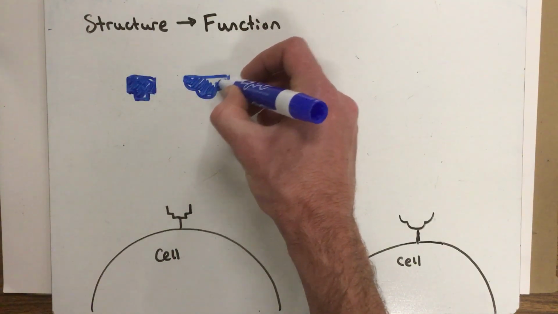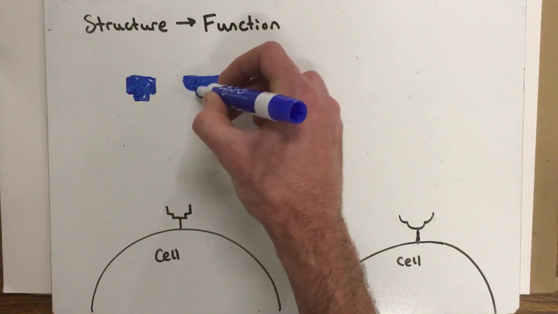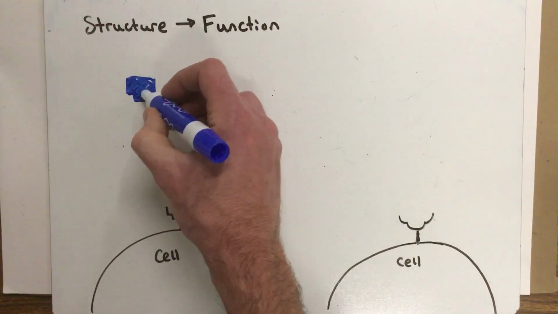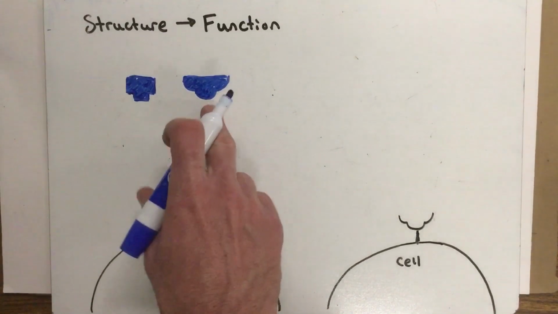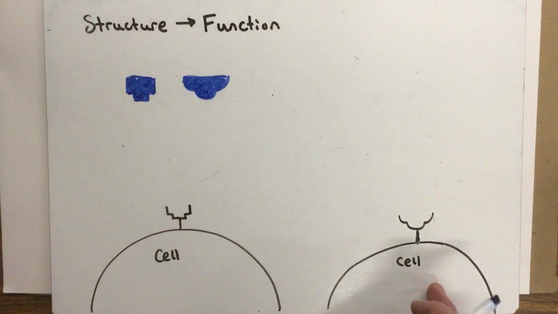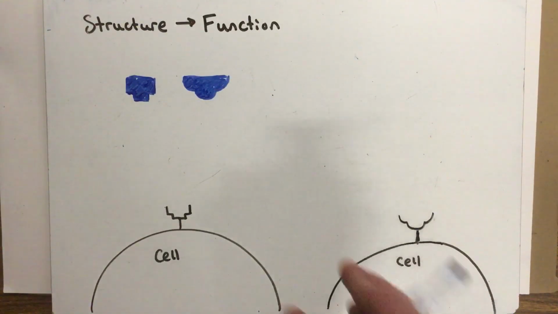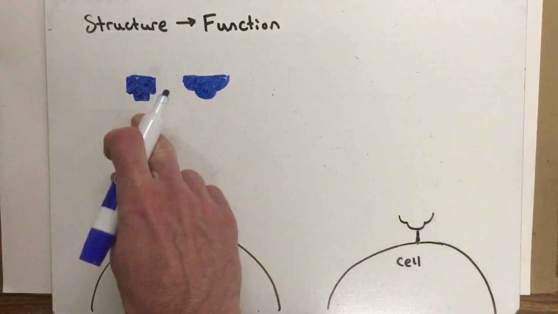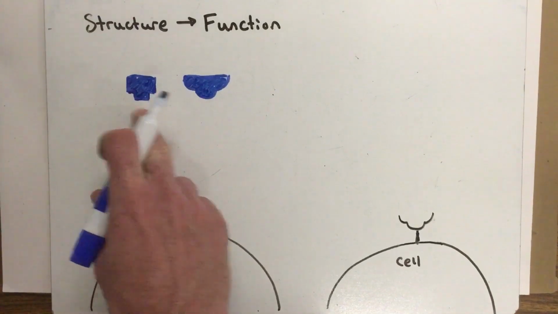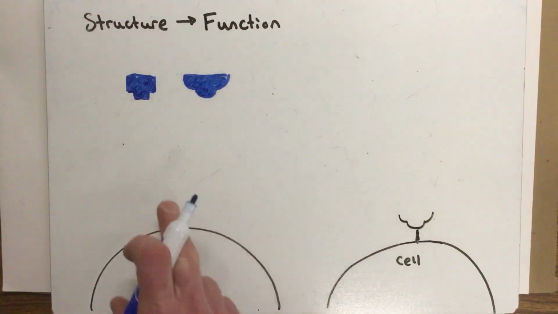I'm hoping you can see that I drew this molecule that has a perfect shape to fit into this receptor on the surface of this cell, and this one has a perfect shape to fit into that receptor on that cell. So it literally is like a key in a lock. This one fits this one and that one fits that one. This one would not fit into that one, and this one would not fit into that one.